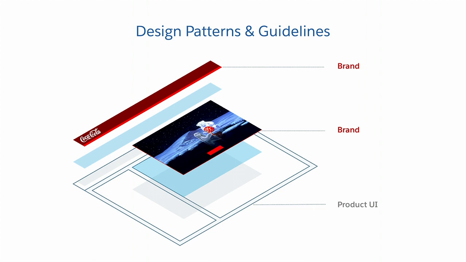The Lightning Design System is a central repository of all of our design patterns and guidelines. Each design pattern and guideline is research-driven and is great insight into how we at Salesforce have built our user experience. There's a lot to take away from that. You can take some of those research guidelines and implement them into your application too.